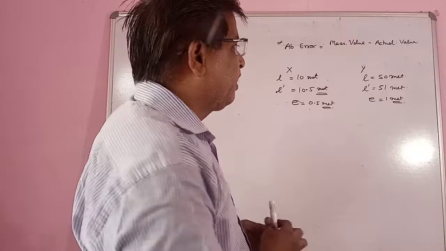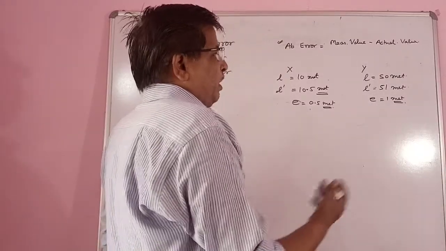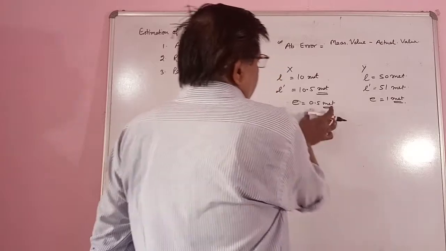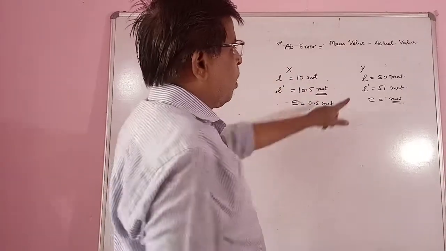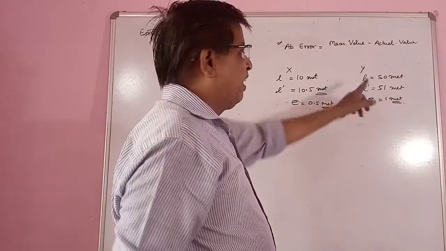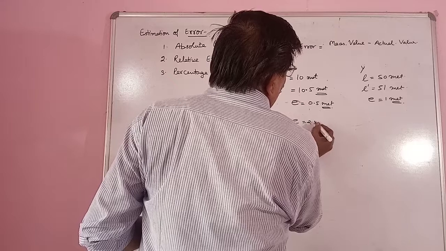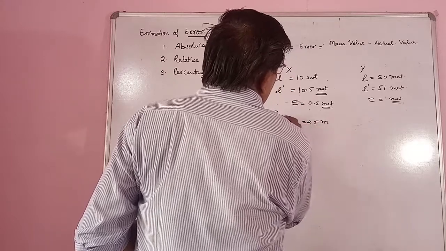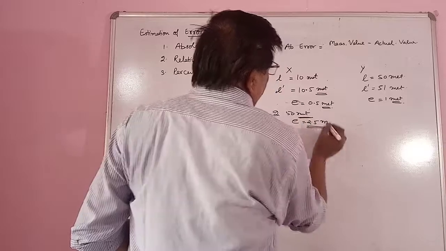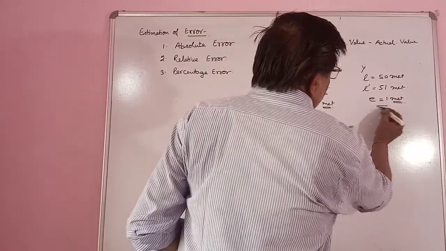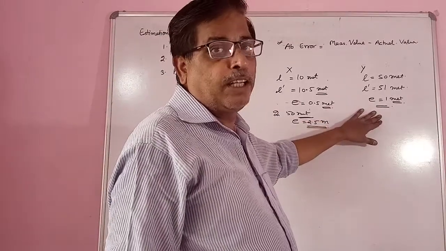If we take it per meter, if person X were measuring 50 meter, the error would become 2.5 meter. But in this case the error is 1 meter. So this measurement is better.